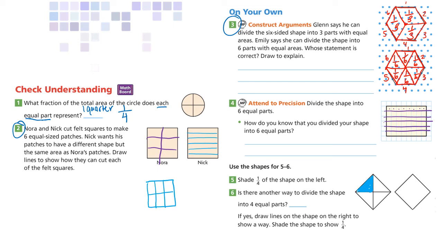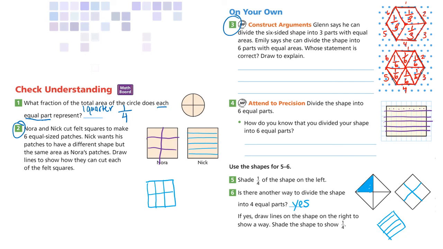Well, the shape is a square, and I know there's a lot of ways to divide a square, but I'm going to go ahead and just look at it a little sideways and divide it that way. Okay. So yes, there are. I could also divide it this way, as long as my parts are equal.